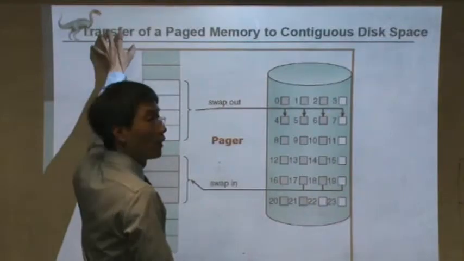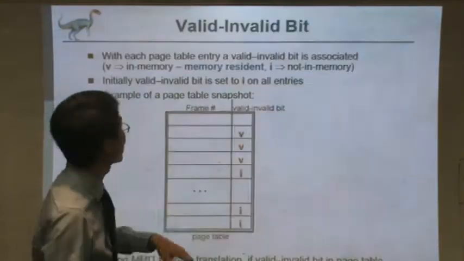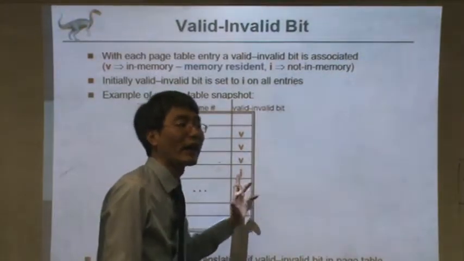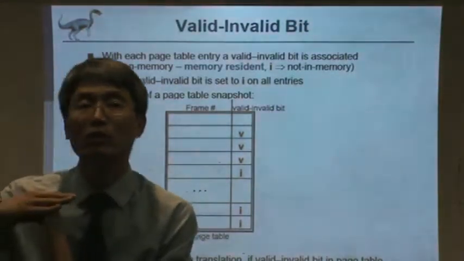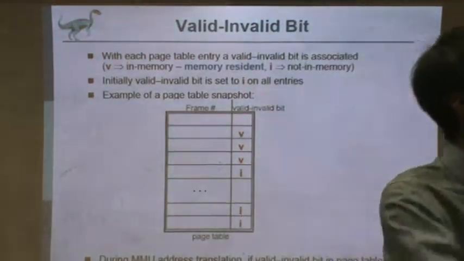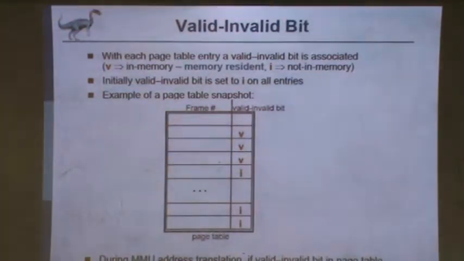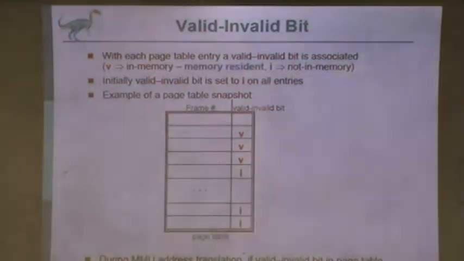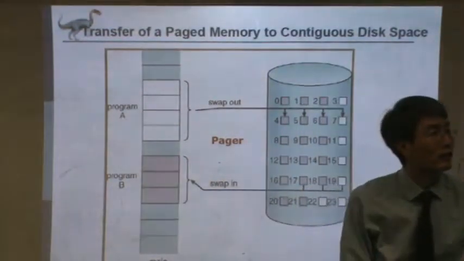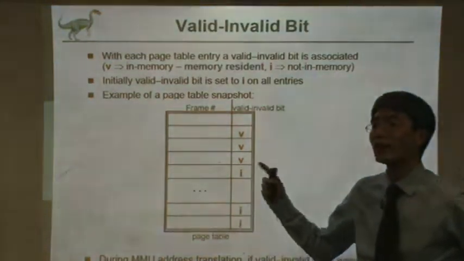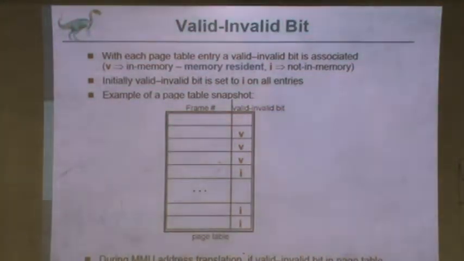However, from the CPU, it's not in the physical memory, so it cannot access. At that time it can be set as I, invalid. Invalid means it's not in the physical memory, so if you want to access such data, in case of invalid, it's a trap, then bring such a page into the physical memory space. Then it will be changed to valid. Then finally, the processor can access the data or instruction.